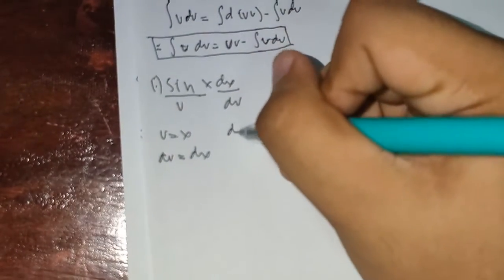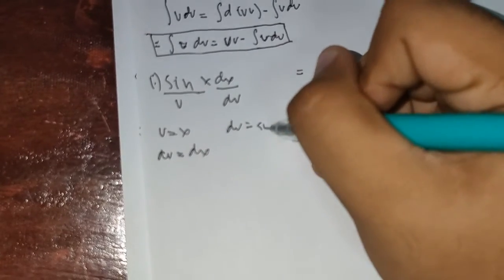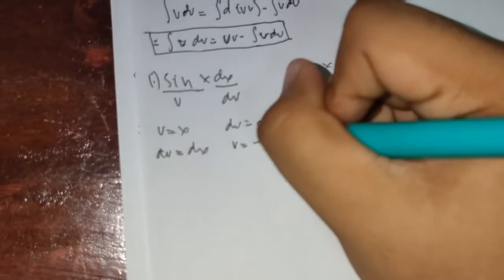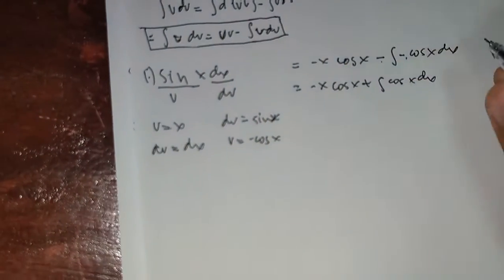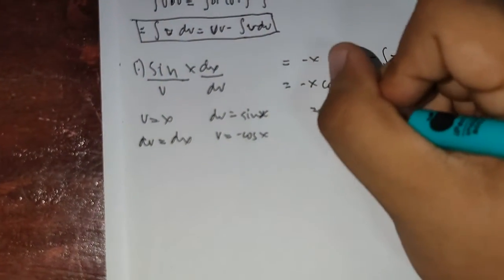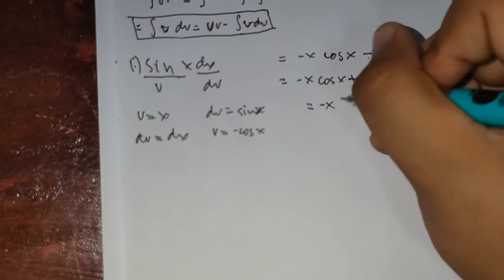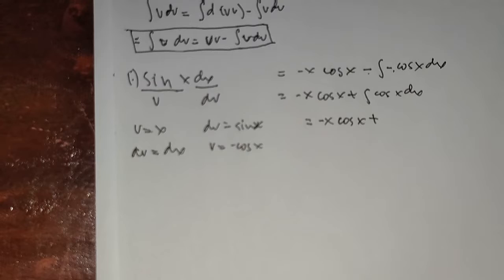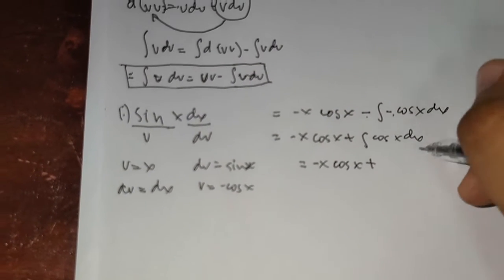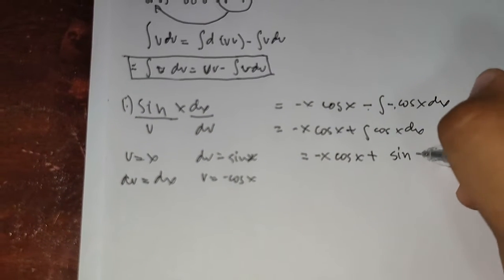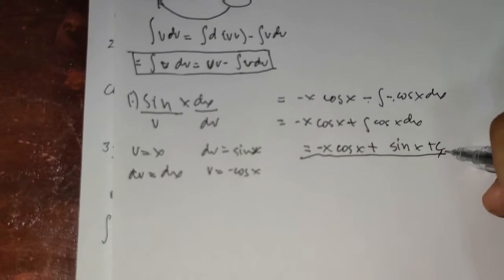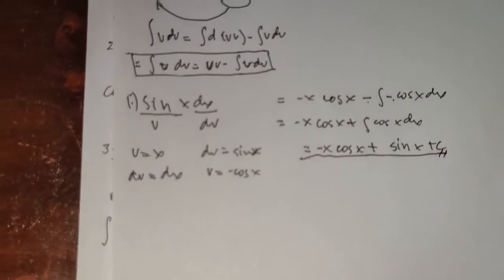The final answer here will be negative x cosine x plus sine x plus c. That is the final answer for this example.